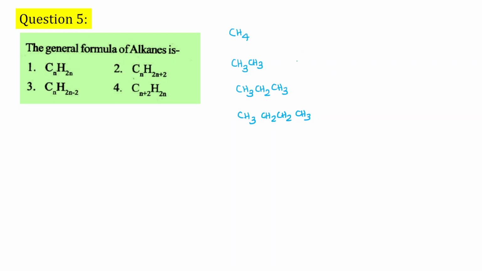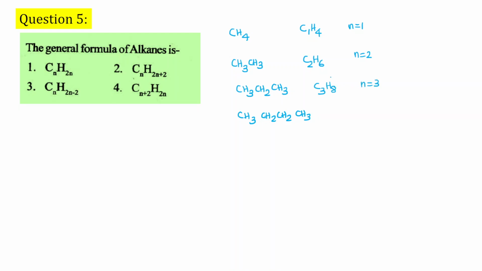So you will see here 1 carbon, 4 hydrogens. The number of carbons is considered N, so N is 1. Here there are 2 carbons, 6 hydrogens, N is 2. Here 3 carbons, 3 plus 3 plus 2, it's going to be 8 hydrogens, where N equals 3.